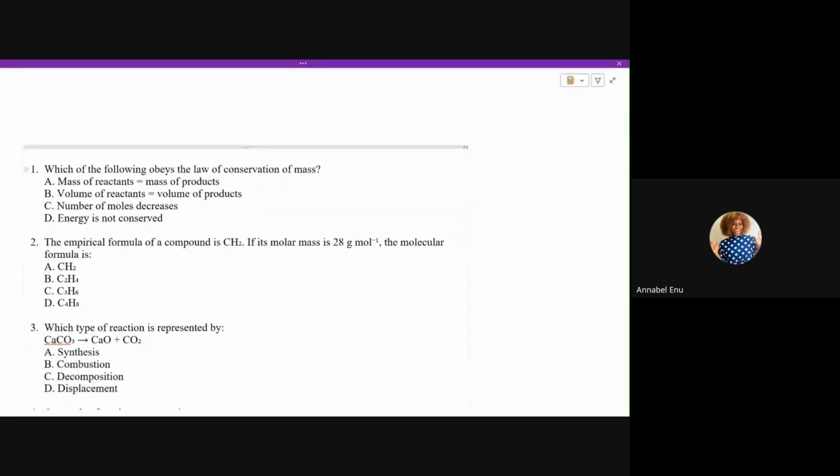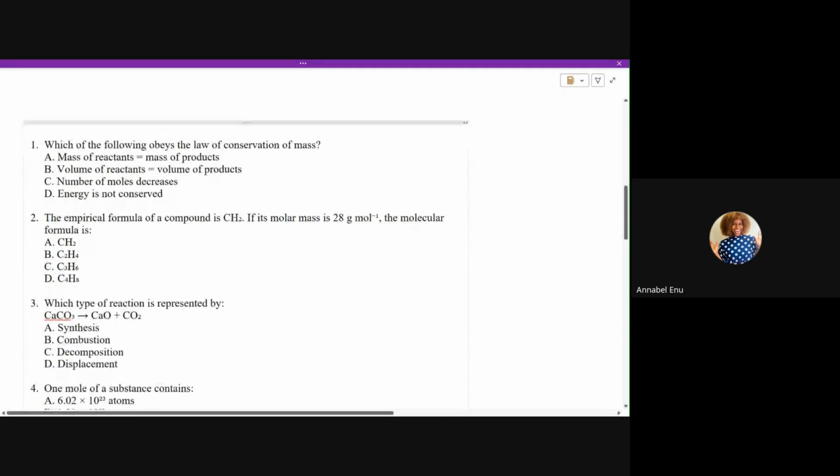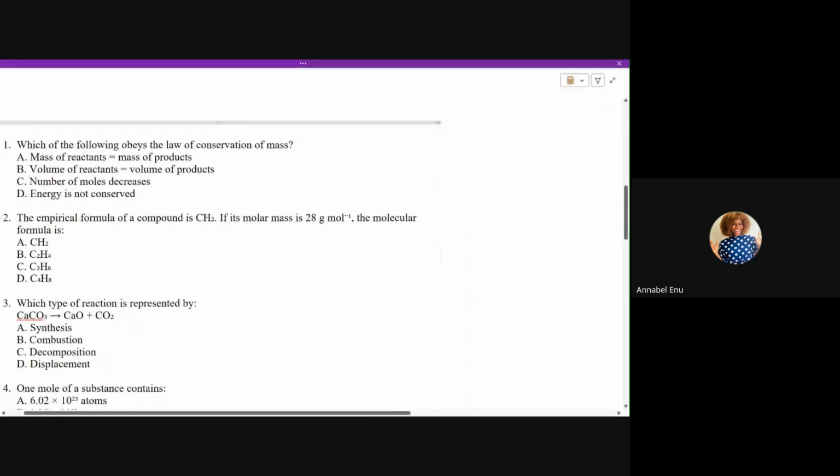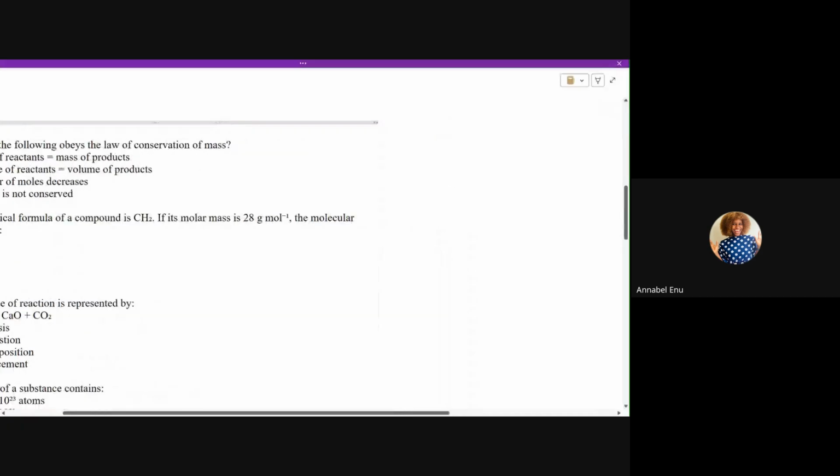Okay, so now the empirical formula of a compound is CH2. If its molar mass is this, the molecular formula is equal to what?